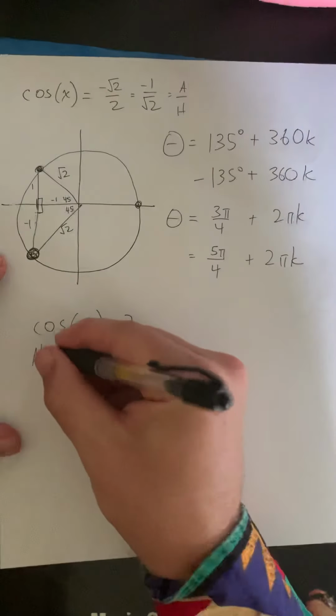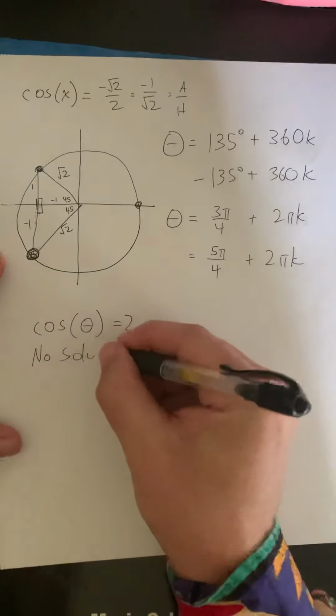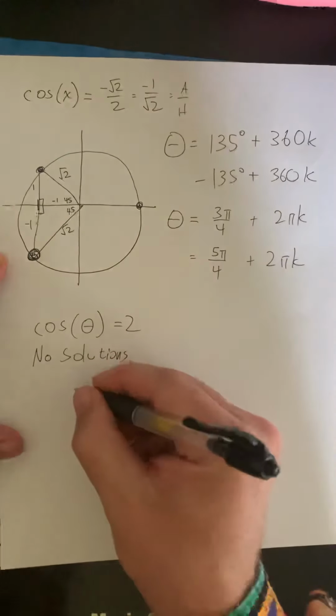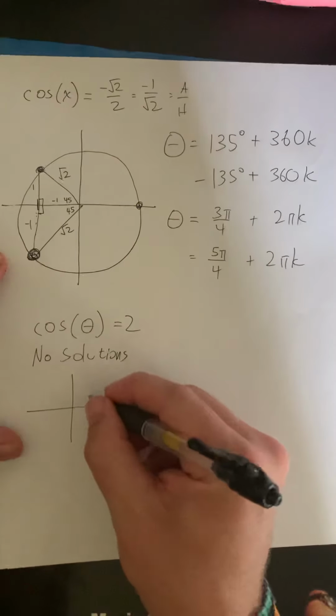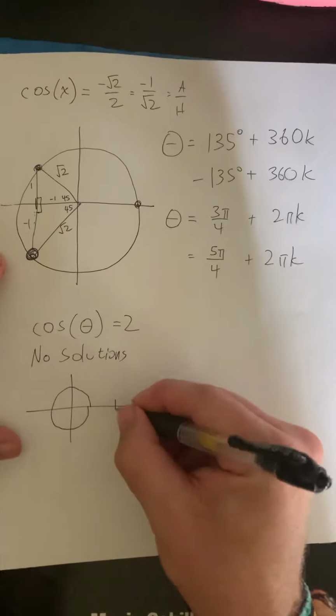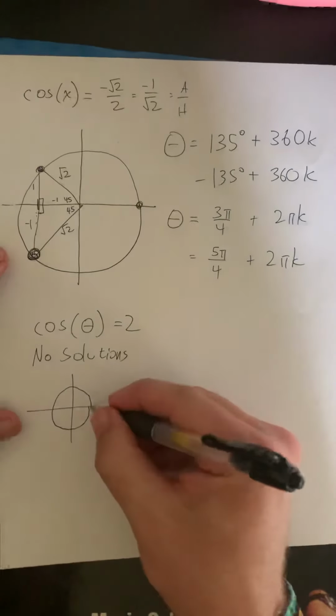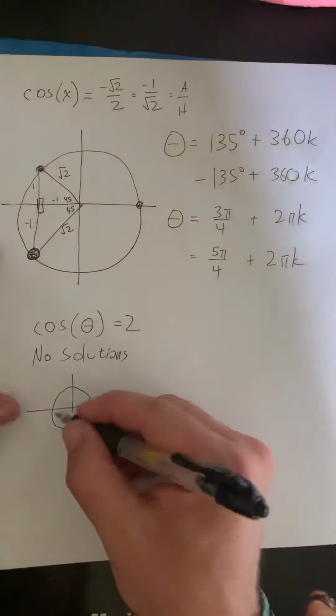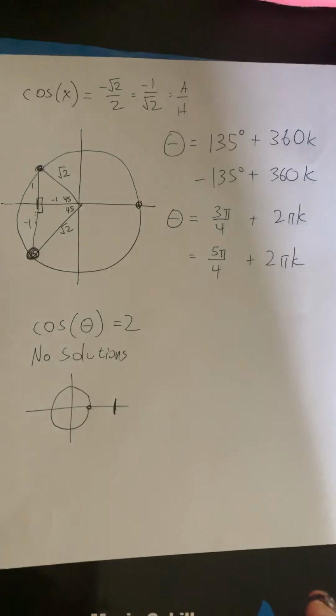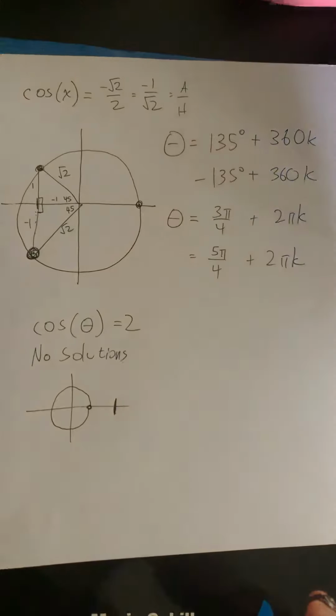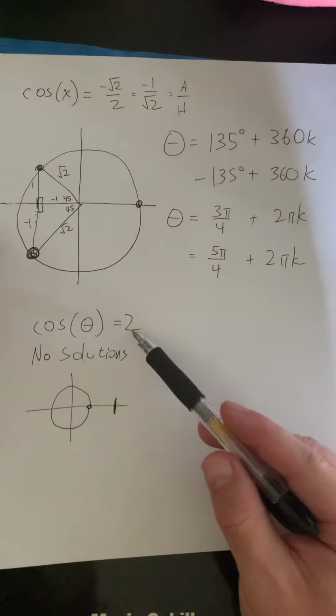This problem has no solutions, because on the unit circle, where is there an x value of 2? It's over here. It ain't even in the circle. We only go from, I guess, -1 to +1 for sine or cos. For sine or cos, they have to have ratios in between -1 and +1.